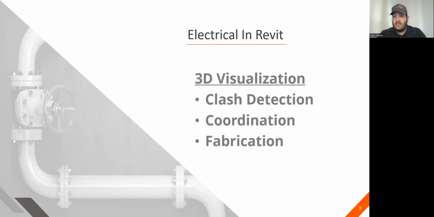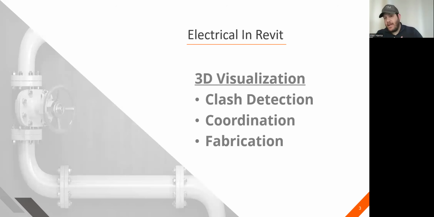For instance, if you're modeling conduits and you don't label them properly, you use the wrong size, and you're using it just as a visual 2D print, that's not what 3D visualization is there for. That's not what Revit's for. Revit is for using exact sizes and parts and pieces to produce what you want for your sheet, label it properly, and then push that out to the field or to the shop for fabrication.